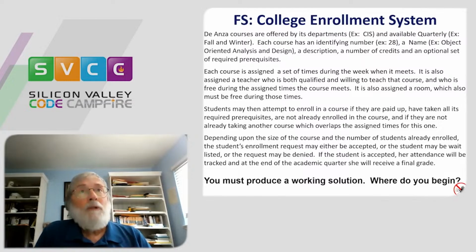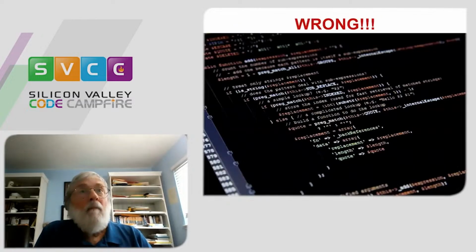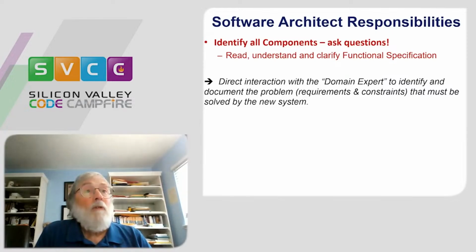You take this description, and the question is, you must produce a working system. Where do you begin? You don't start with the code, in the same way that you didn't start building the house based on the functional description. You have an architect who starts looking at it and moving the process forward.